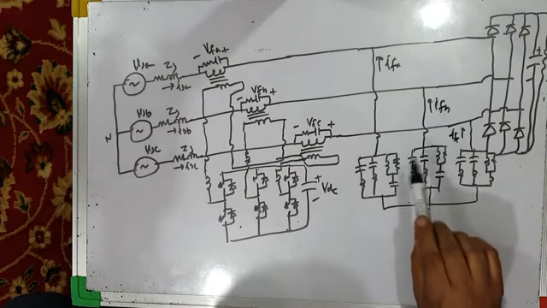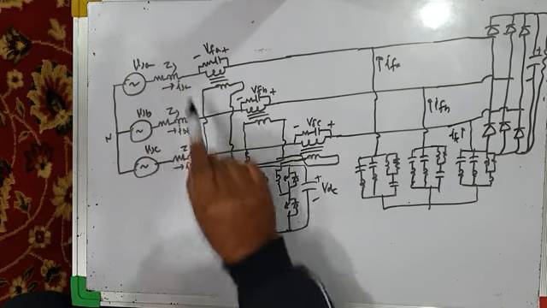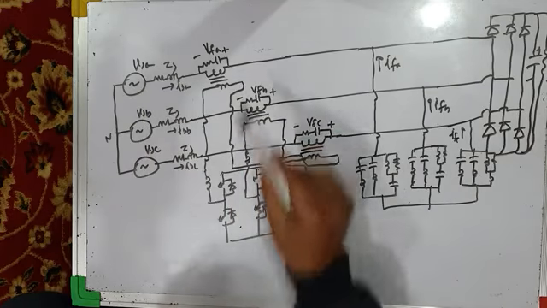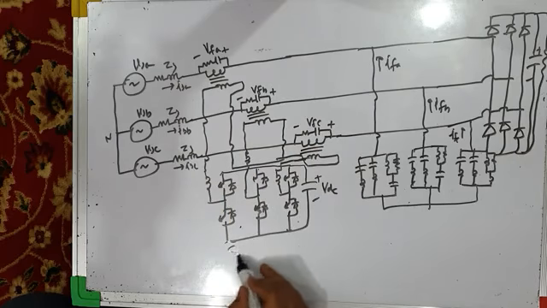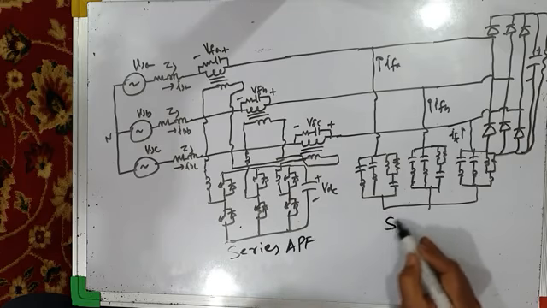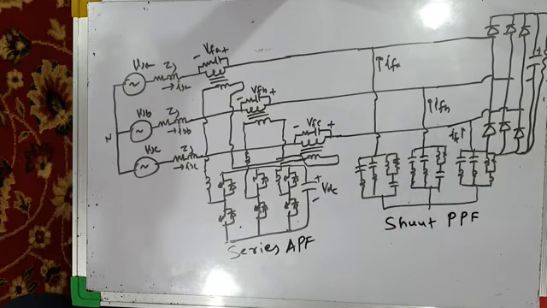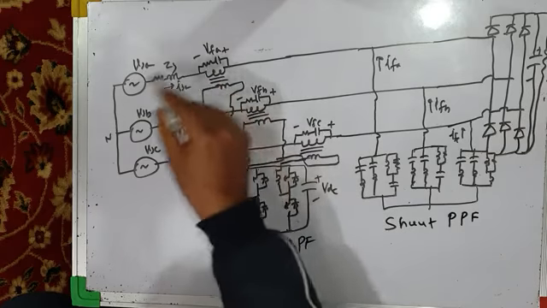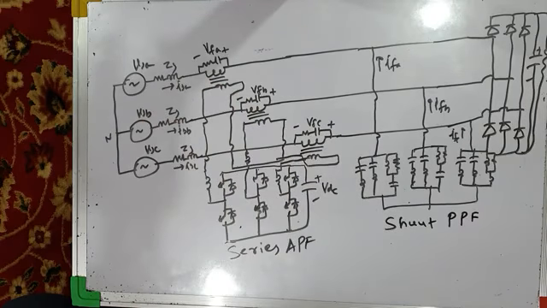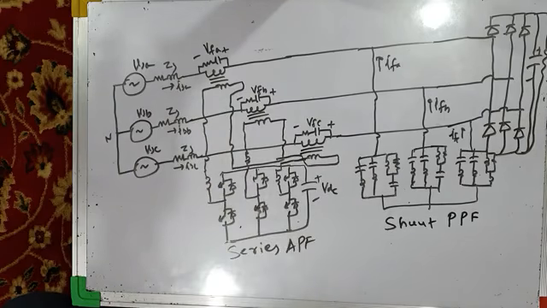The load current harmonics will be supplied by this passive filter, and source voltage harmonics will be cancelled by this series active power filter. Shunt passive power filter takes care of load current harmonics, and series active power filter takes care of source voltage harmonics, making source currents sinusoidal in phase with their respective source voltages, and making load voltages also sinusoidal.